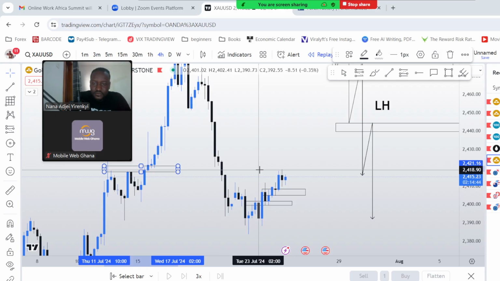Then when price approaches these support and resistance levels, whether in an uptrend or downtrend respectively, you can make good use of any trading opportunity and confirm with either a bullish reversal pattern or a bearish reversal pattern.